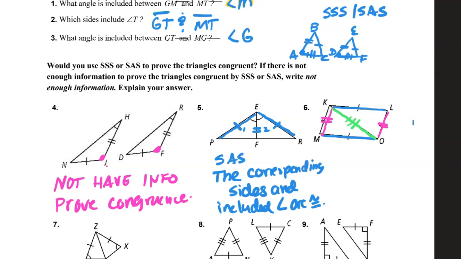So therefore, the two triangles are congruent because of side, side, side. The corresponding sides are congruent. Make sure you write that the two triangles are congruent because of side, side, side. So triangle 1 and triangle 2 are congruent.